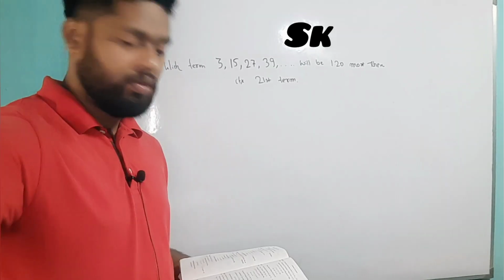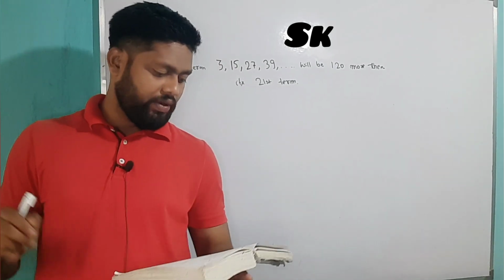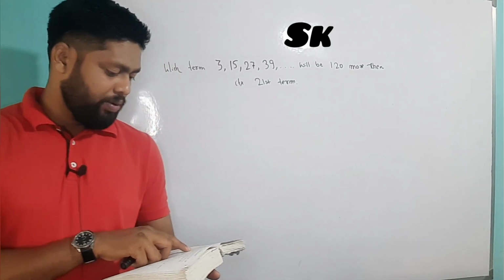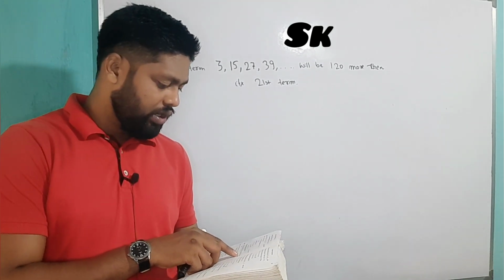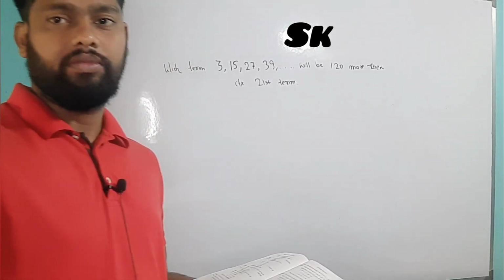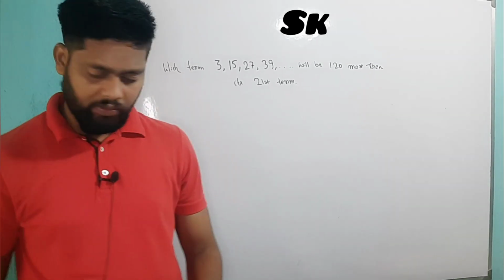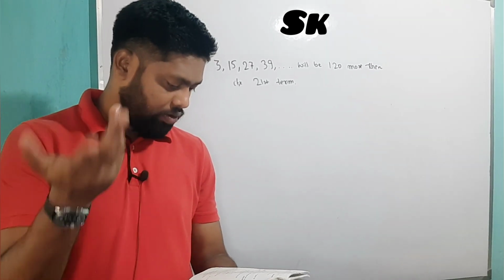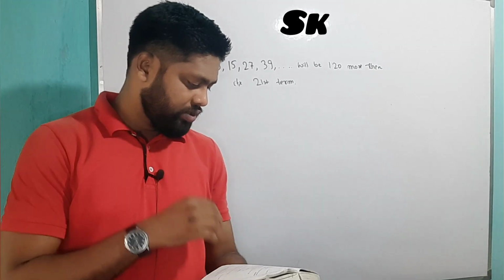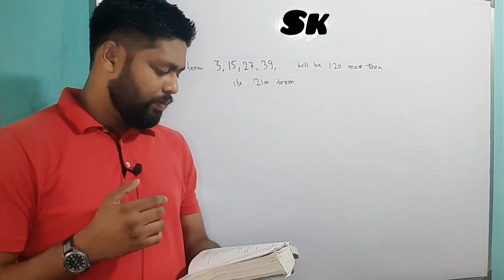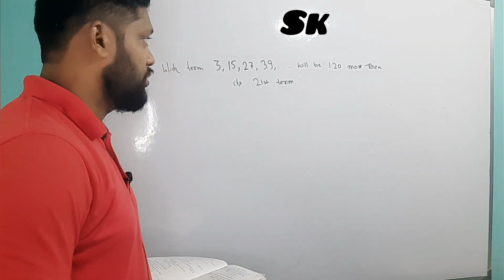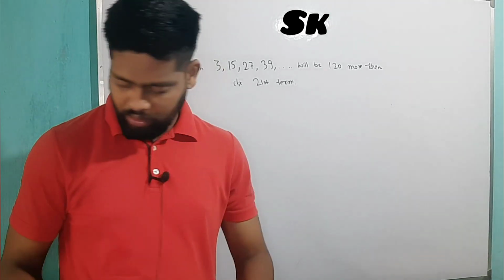The next one. They're saying: which term of the AP 3, 15, 27, 39 will be 120 more than its 21st term? What do I have to find out? n.